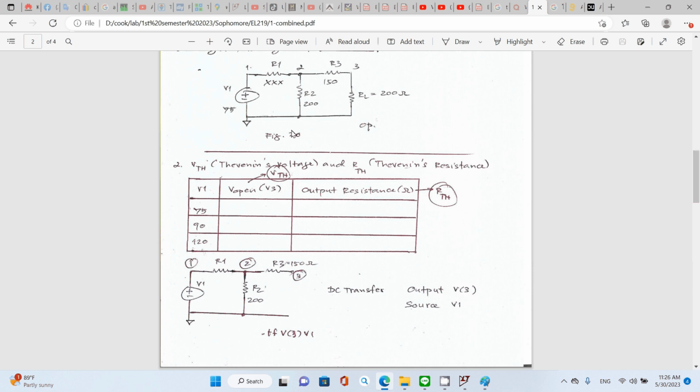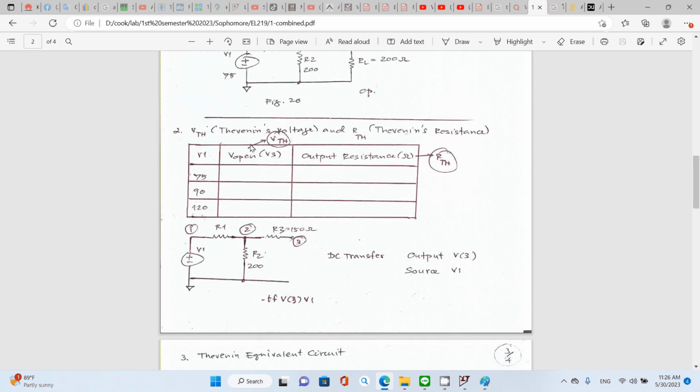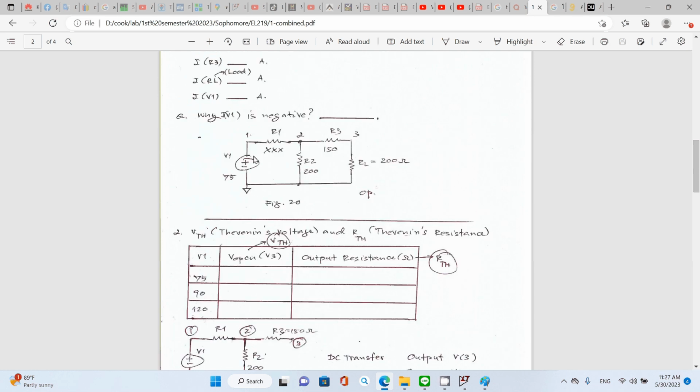Number 2, now we move to Thevenin's theorem. Basically, in principle, you can see that when you have the load in the form of a motor or any type of external device, you connect it to your supply voltage, which includes 3 resistors, R1, R2, and R3.